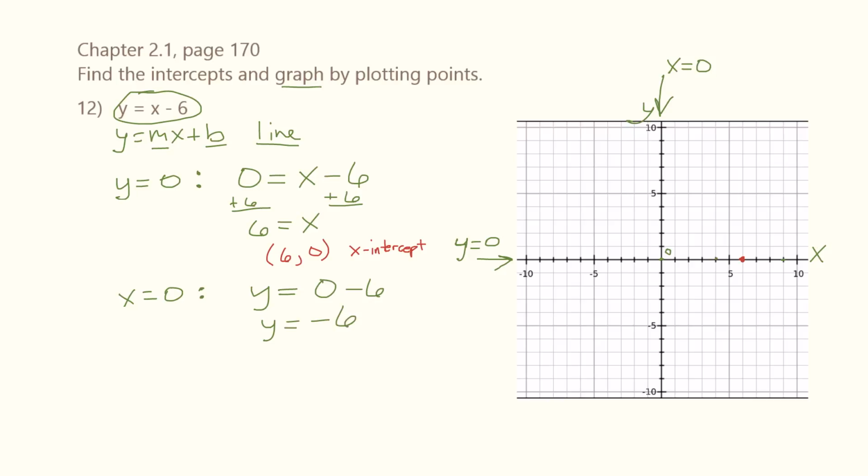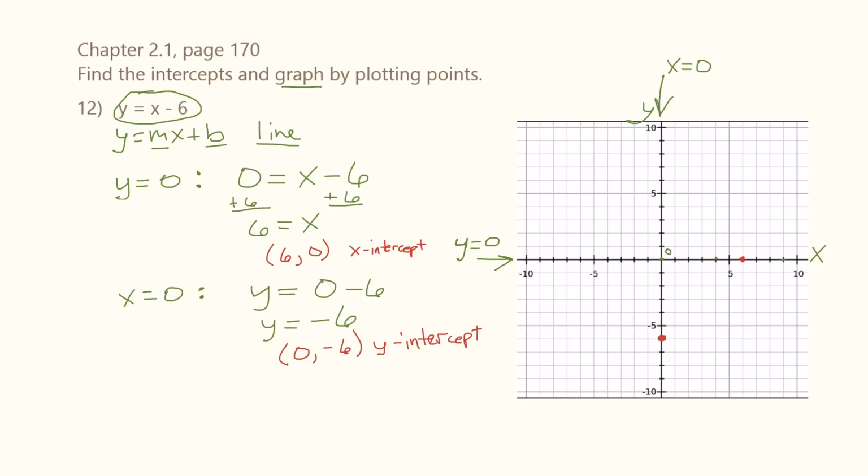When x equals 0, y equals -6. That's down here. Look at the graph. There's a red dot on the y-axis at y equals -6 and x equals 0. That point is x equals 0, y equals -6. That's the 0, -6 y-intercept.